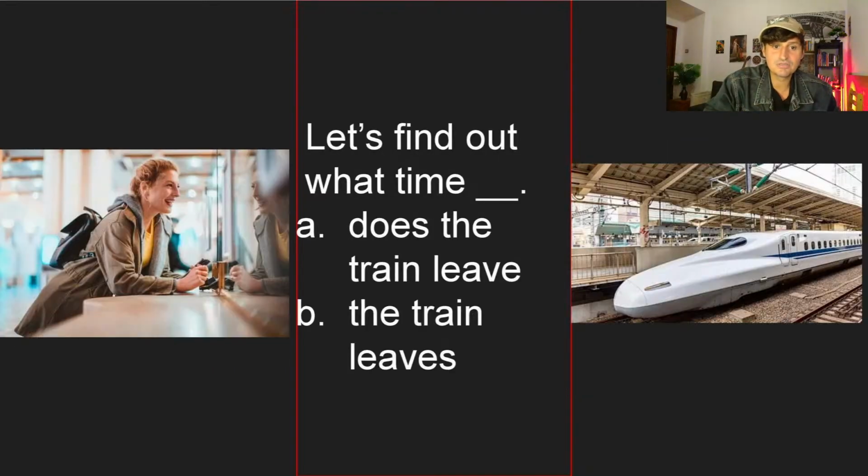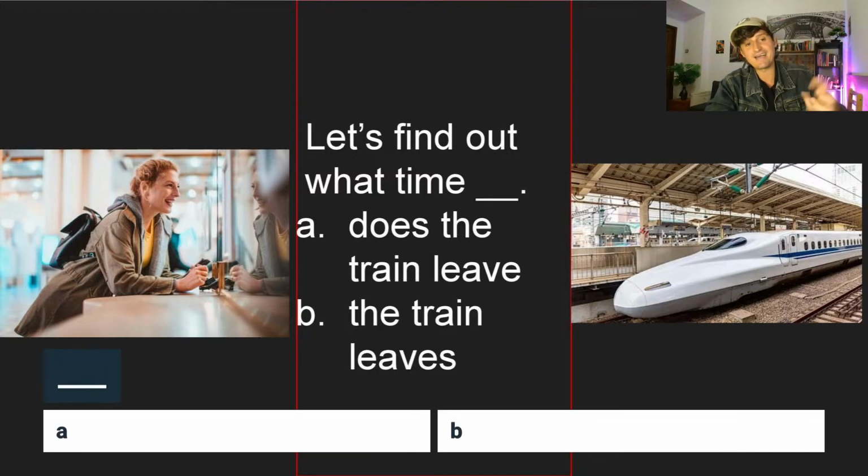Let's find out. What time does the train leave? What time the train leaves? Answer wisely. You're at this train station. It's summer season, it's travel season. So you're at the train station and you want to catch the next train.